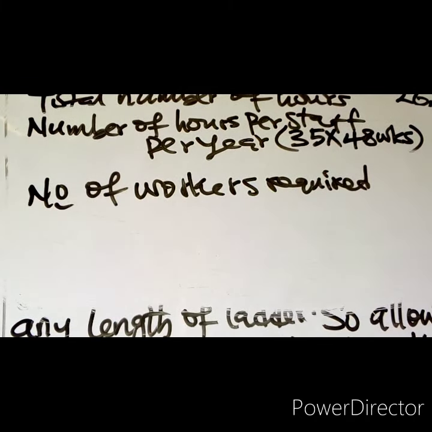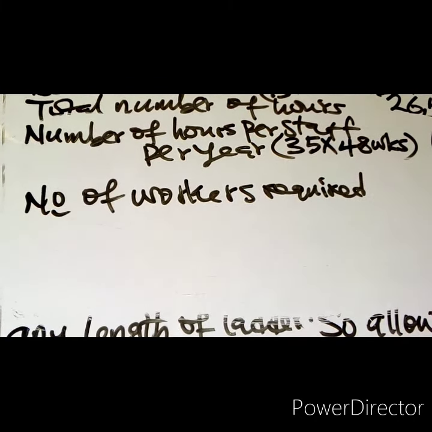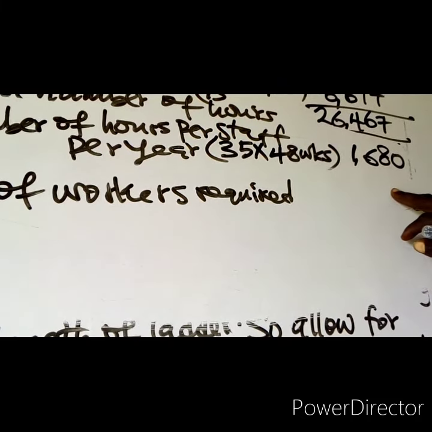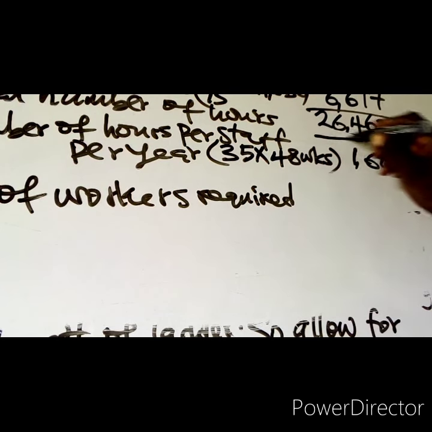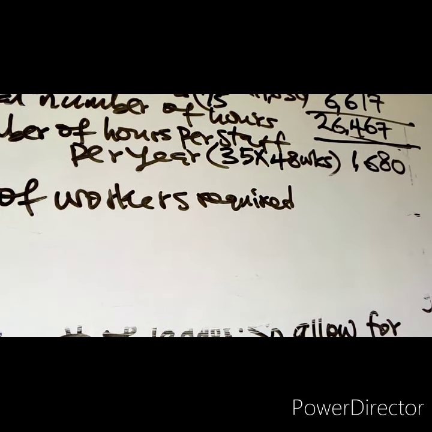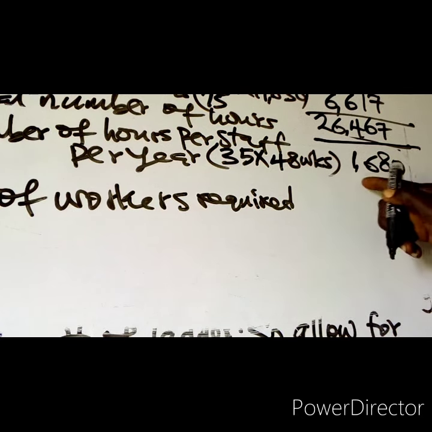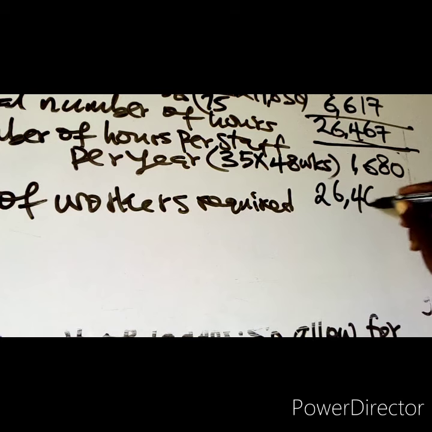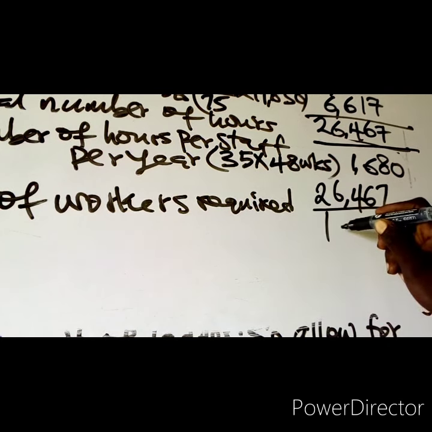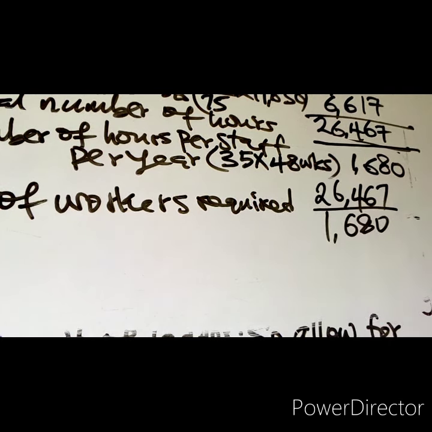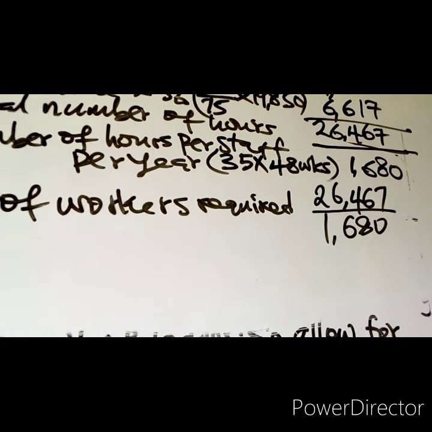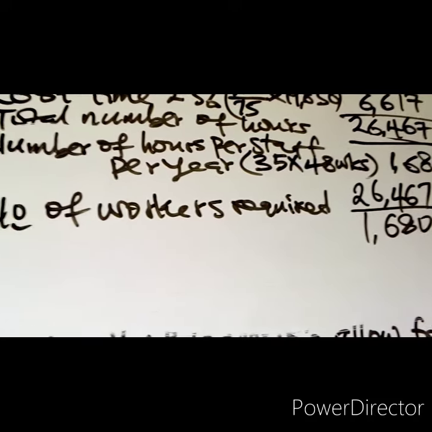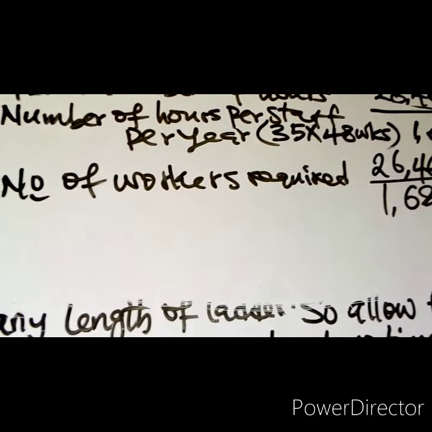If each worker is expected to work 1,680 hours, and the entire workforce works for 26,467 hours, how many workers will be expected to complete the task? So we have 26,467 divided by 1,680, and that will give us 15.75.